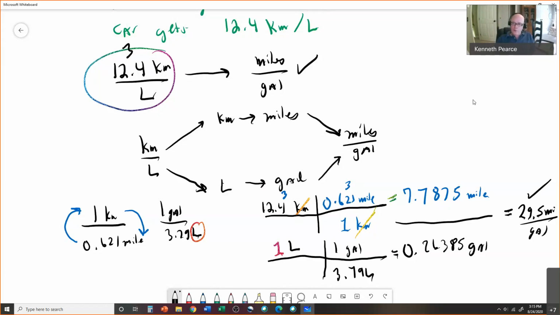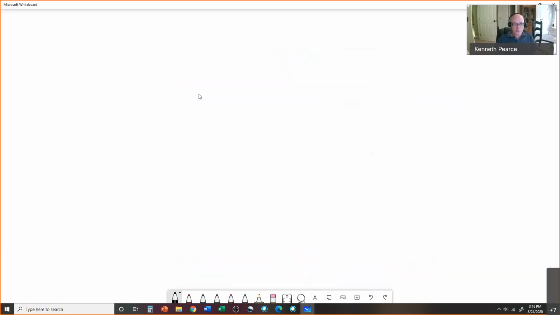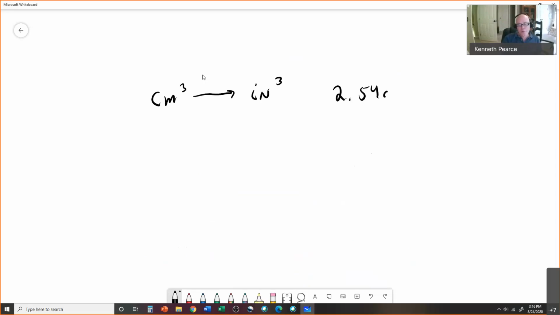Another thing, just a quick note here, and that's going to be the two examples I do. But if you were going from, say, centimeters cubed to inches cubed, one volume to a volume, a good strategy on something like this is you might not find that relationship directly, but you do know it's 2.54 centimeters to an inch. What you do is you just go ahead and cube everything up to get your conversion.